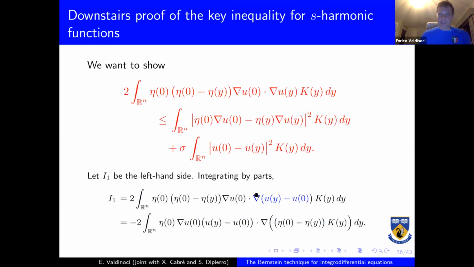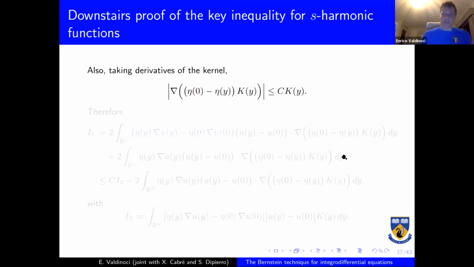But this behaves better after integration by parts. And so you integrate by parts and you obtain this object. But you already put somehow a cancellation hidden in this part in which you have added 0 to the equation.